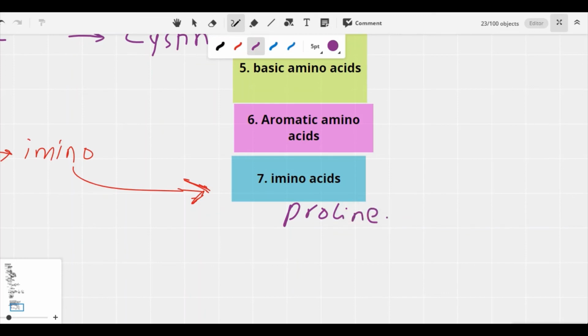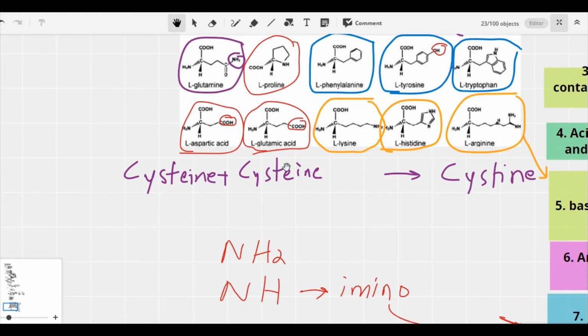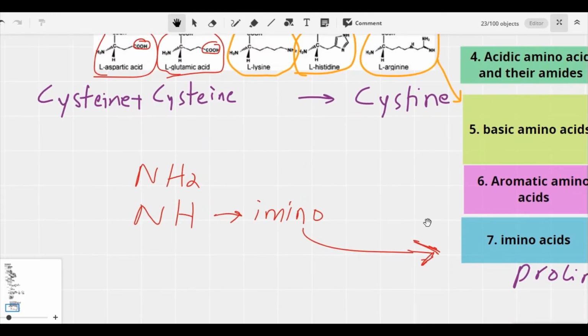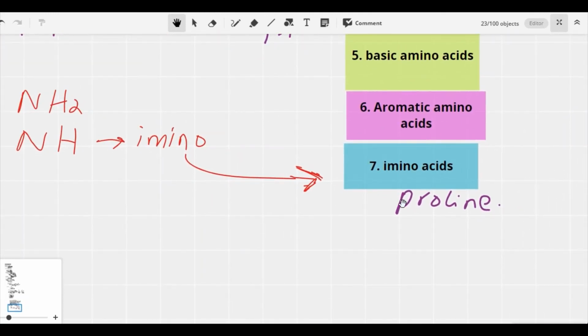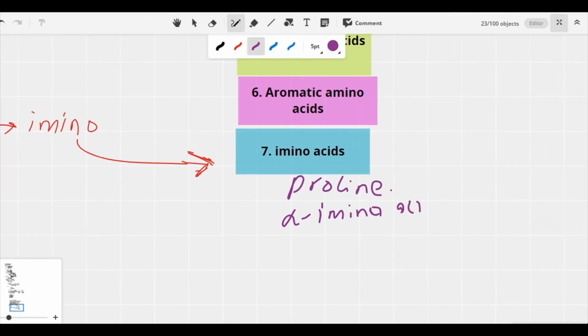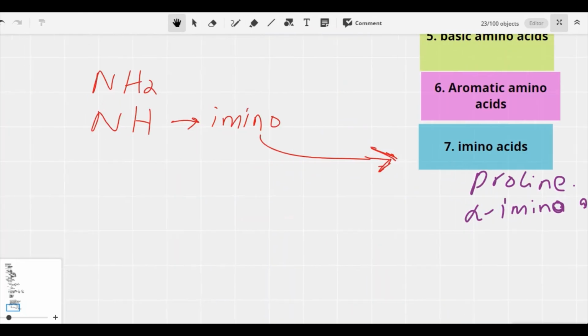Okay, other amino acids contain the NH2 group, so proline contains only the NH group. So that's why proline is an alpha imino acid, not an amino acid, because that contains an imine group here.